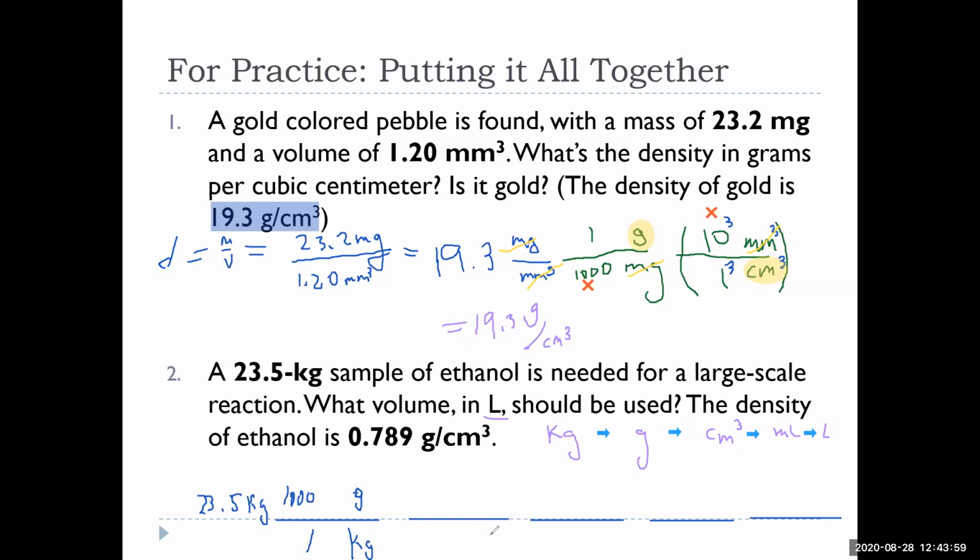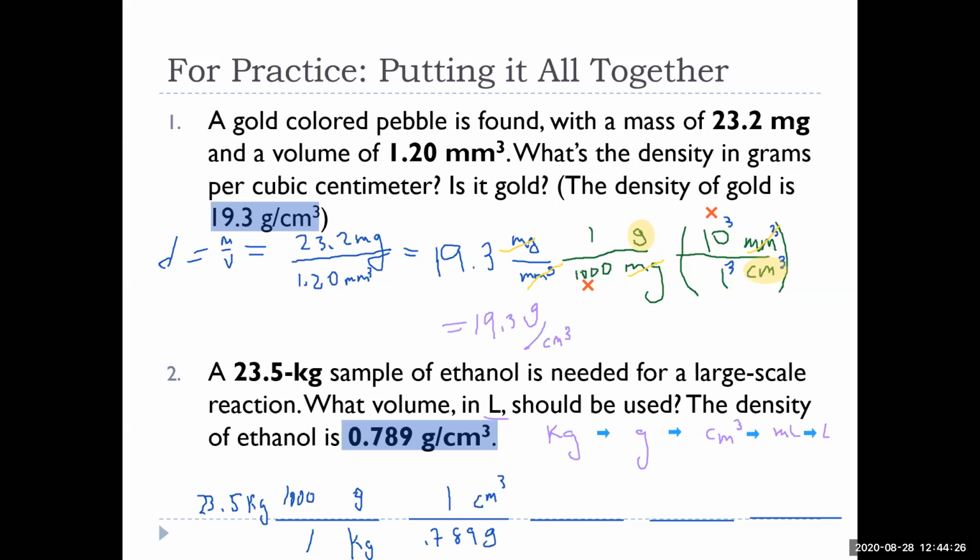Let's go from grams canceling out to get cubic centimeters in our numerator. This is the density, but the density flipped upside down. So our density is given up here in the problem. We need to think of this value as a conversion factor. So there's 0.789 grams for every 1 cubic centimeter.